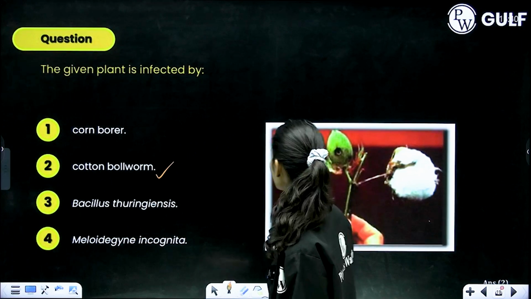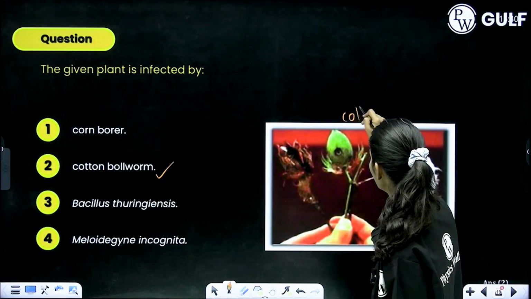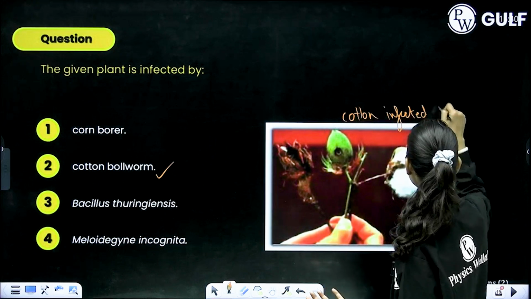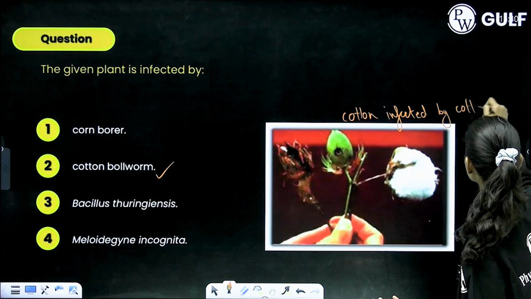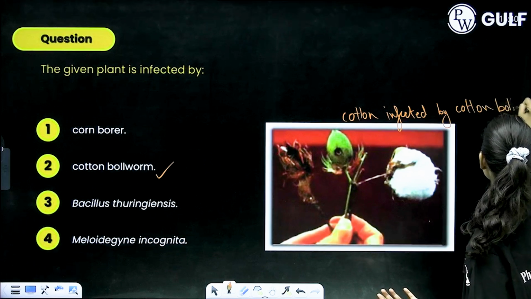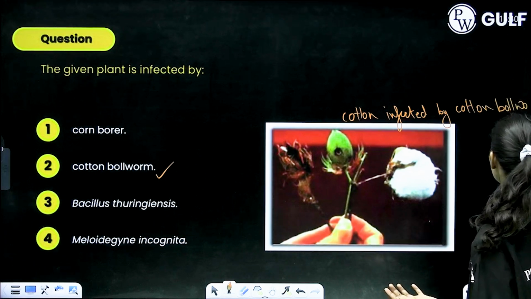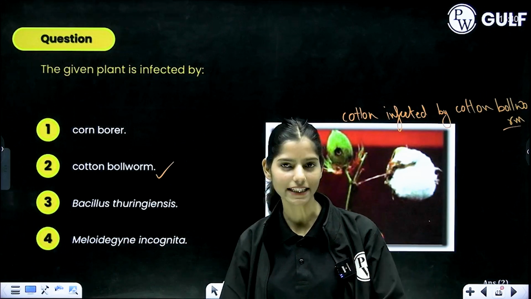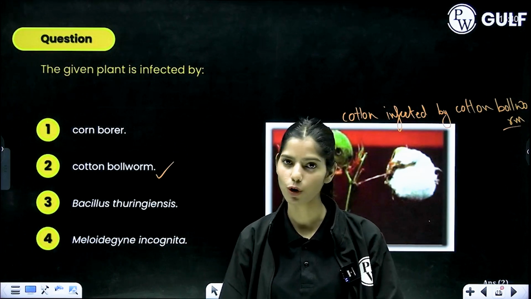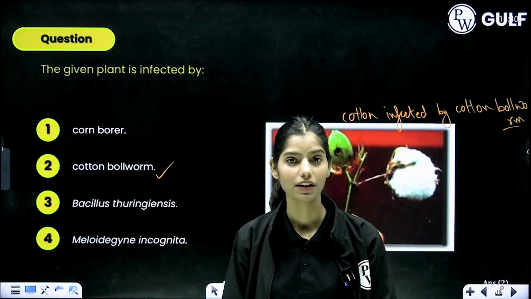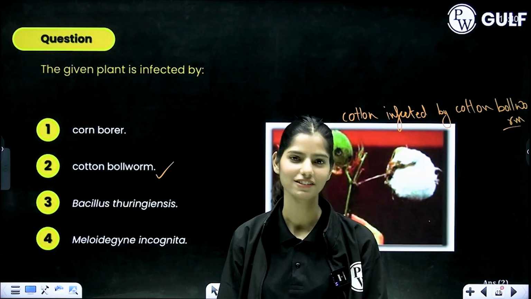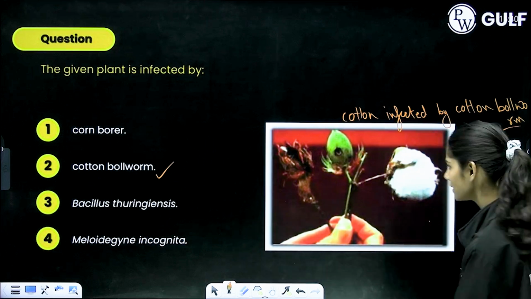This plant is cotton plant, which is infected by cotton bollworm. And we all know that we use the bacteria Bacillus thuringiensis in order to make our genetically engineered insecticidal cotton plant. I hope this part is clear to you.